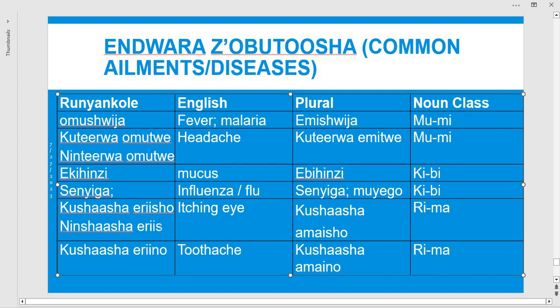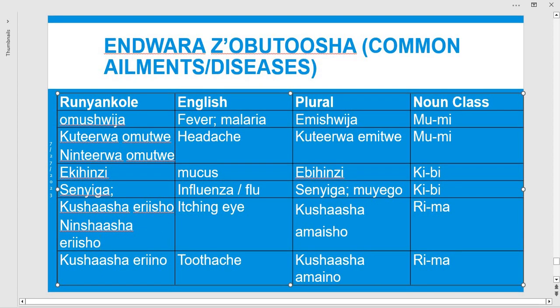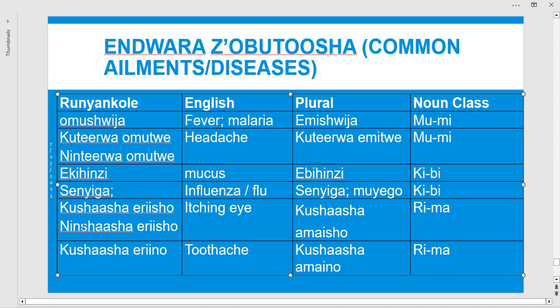Ninshasha erisho means my eye is paining. Then if I say ninshasha erino, my tooth is paining.